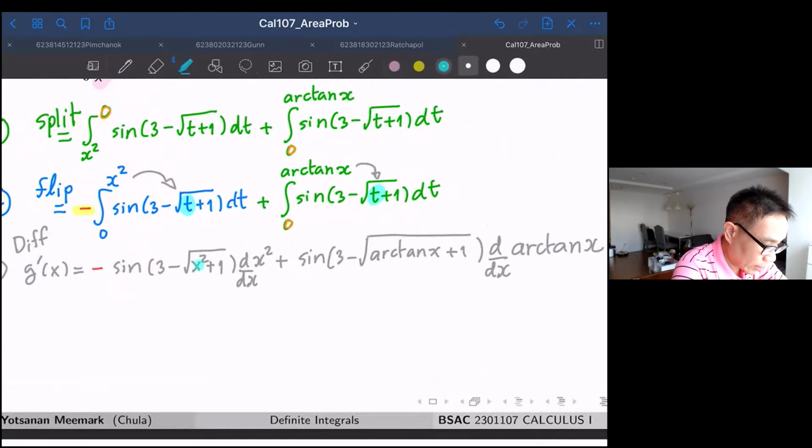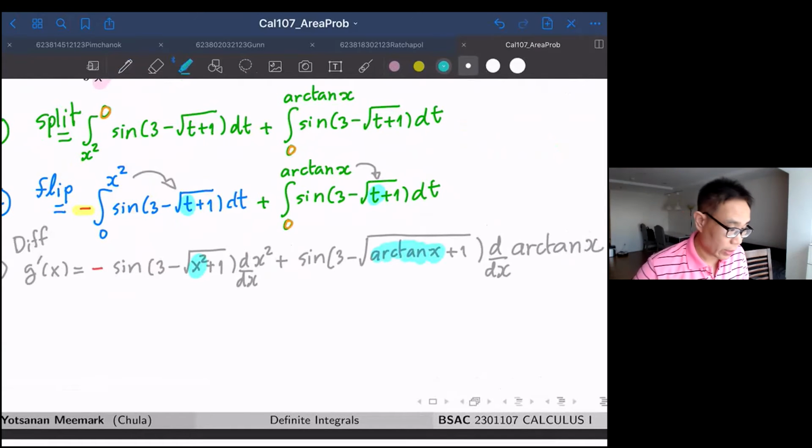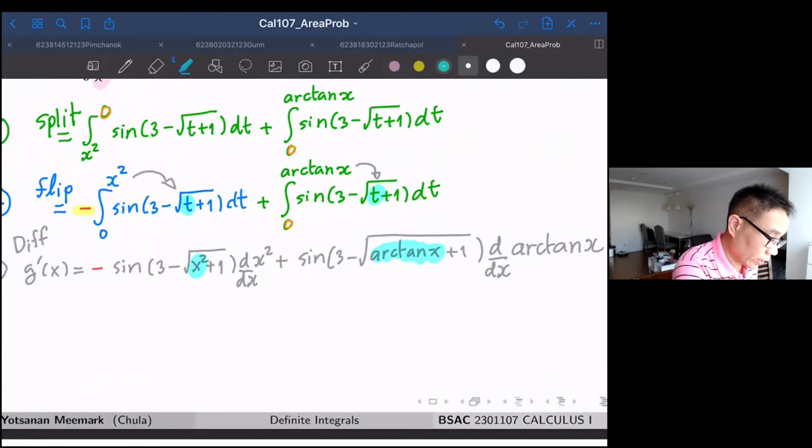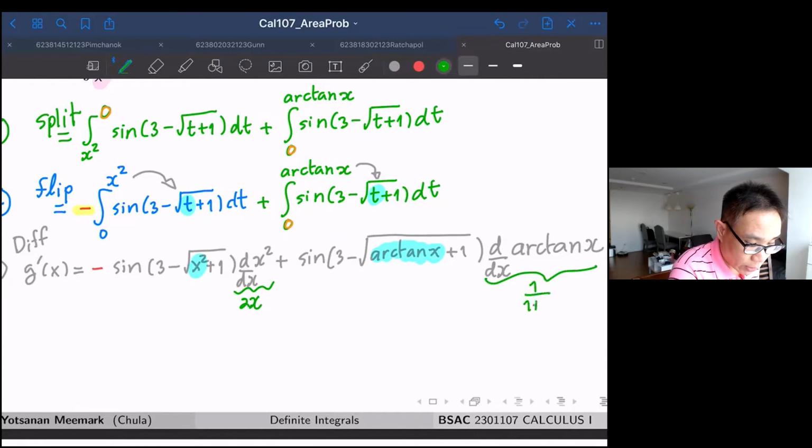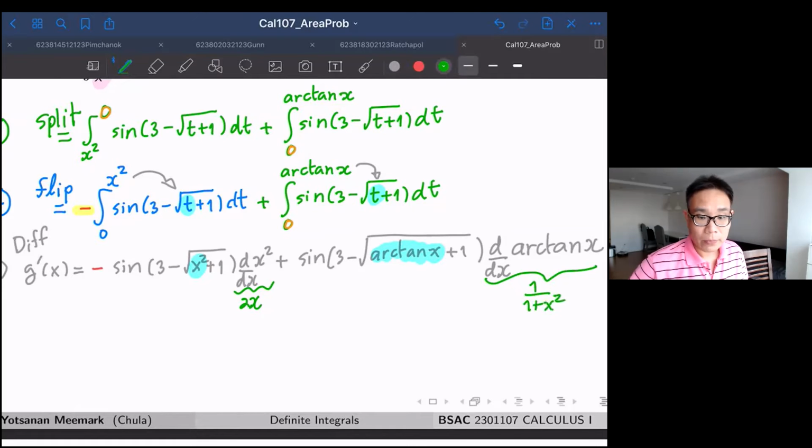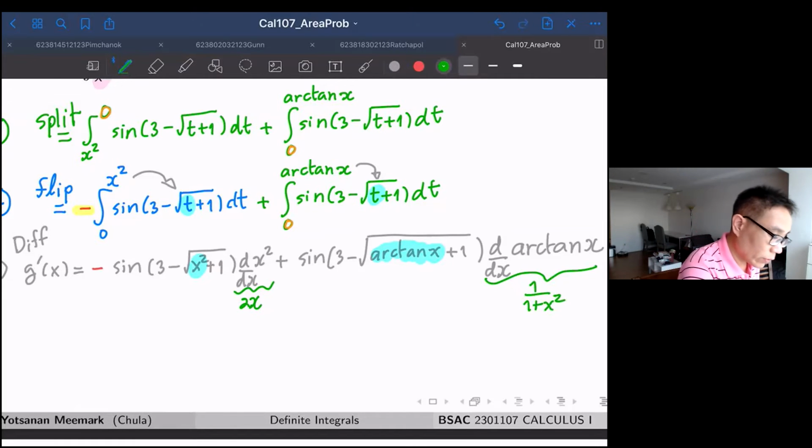So you plug in x squared for t, and arctan x for t, and you differentiate your x squared and your arctan. Differentiating x squared gives 2x, and differentiating arctan is 1 over 1 plus x squared.